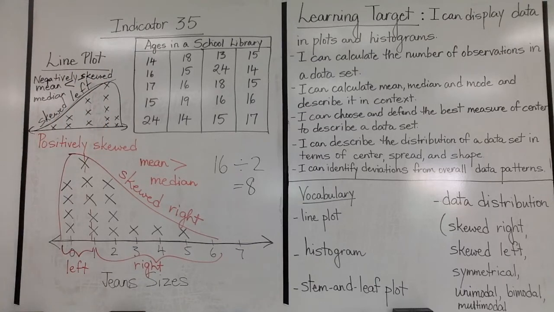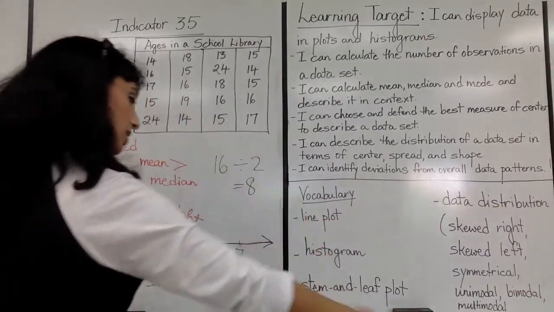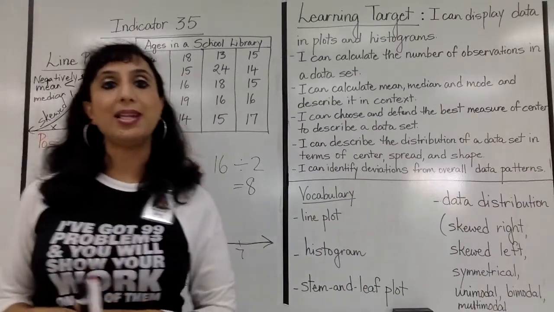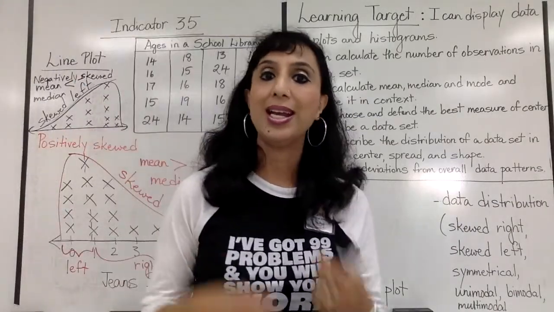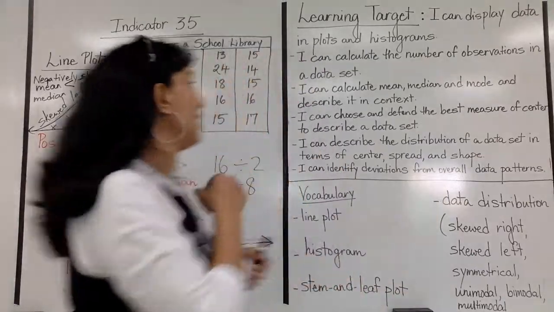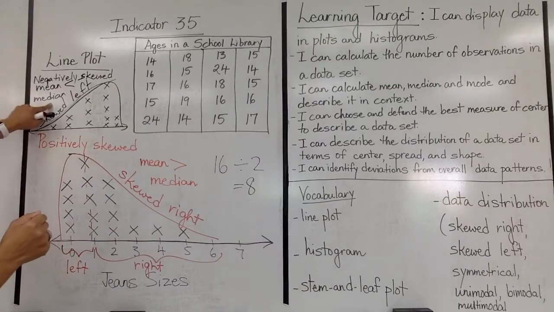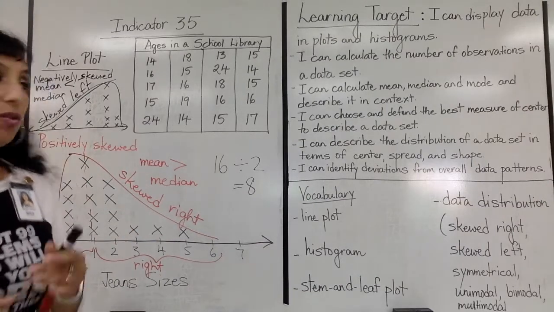All right, so I just want to show you what the graphs look like if you're saying positively or negatively. Positively skewed is right because the tail end is to the right, and the negative one is going to the left, so therefore it is negatively skewed. In that case, the mean is less than the median. In the positively skewed one, the mean is greater than the median, okay?